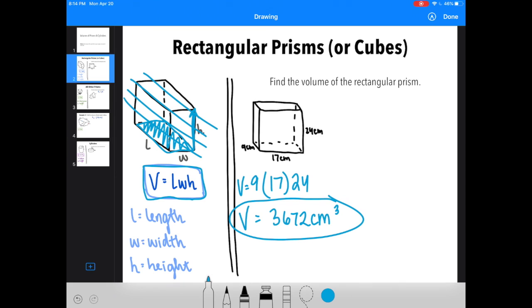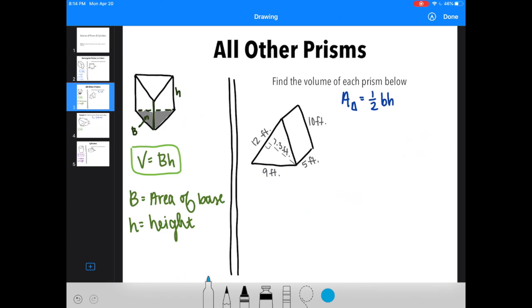Because if I make cross sections across this entire figure, it will have the same basic face. It's the same face stacked up on top of each other. So if I can find the area of my base, I can find volume by multiplying by the height to figure out how many faces are within there.